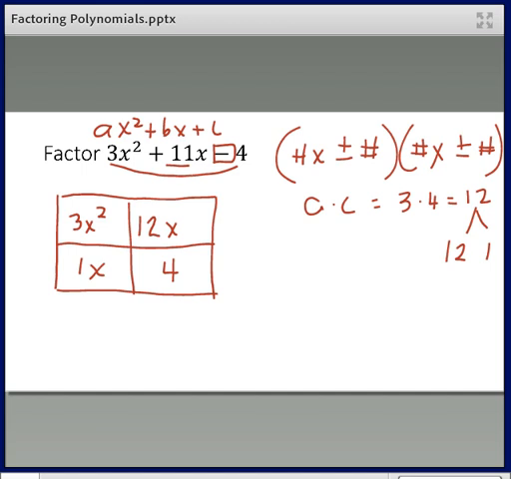Now here's where I actually create my factors. So what I do is I look left and right, and then I look up and down. So if I look left and right first, I find the GCF, the greatest common factor of the terms. So what do these two terms have in common? Well, they have a 3, because both numbers are divisible by 3.